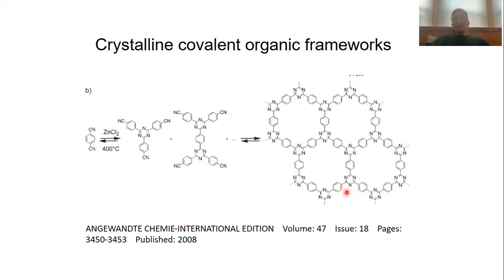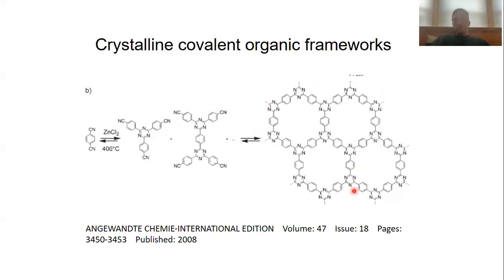But for the formation of that structure, we need much harsher conditions. Molten zinc chloride and 400 degrees Celsius, okay? Whereas the boronic acid-based framework can be prepared at much milder conditions, typically at temperatures of around 100 to 150 degrees Celsius, okay?